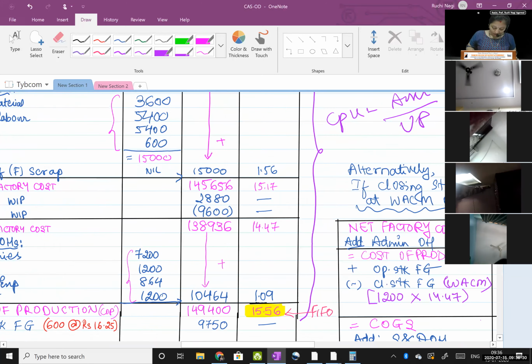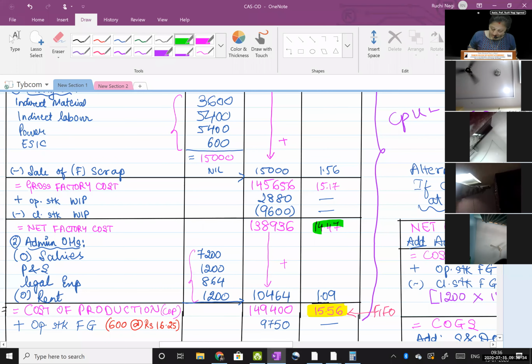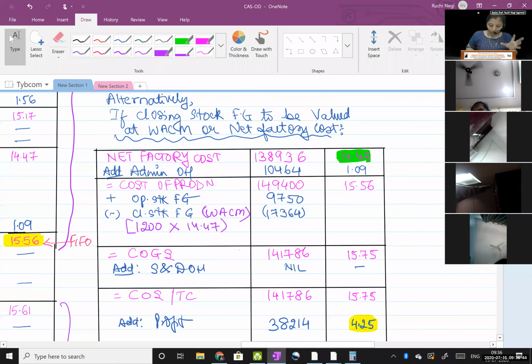So if it is weighted average, then I'll have to take this rate for closing stock, 14.47 rate. Clear? So I've just redone a sum to show you all the difference.